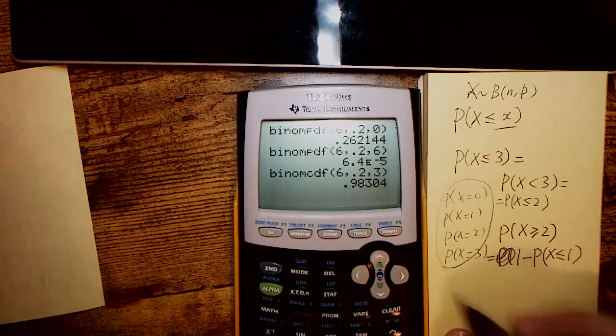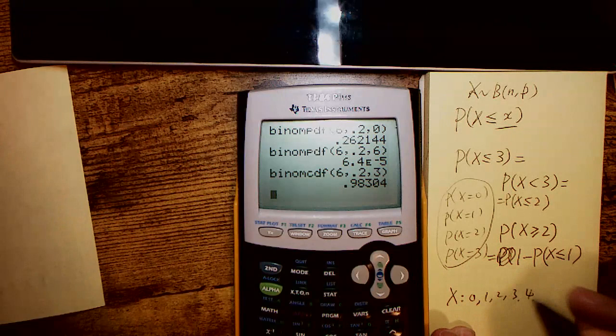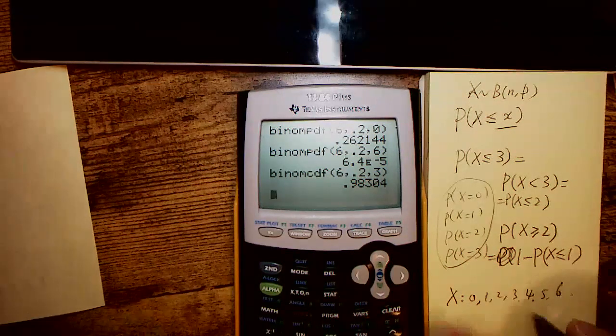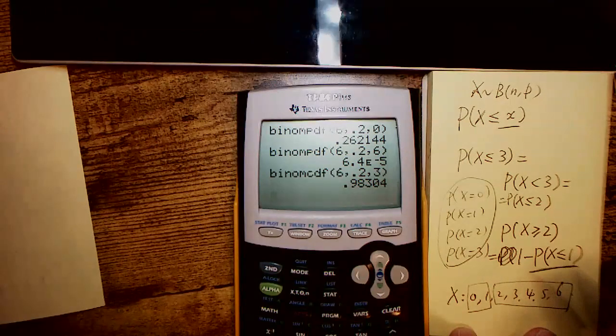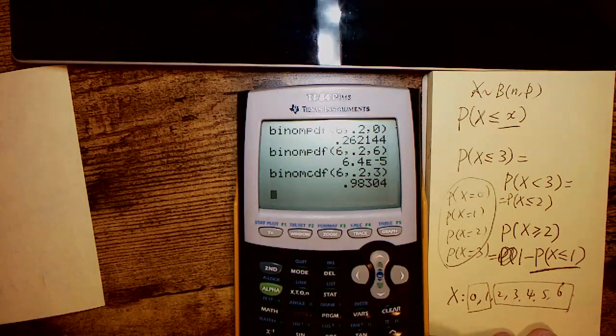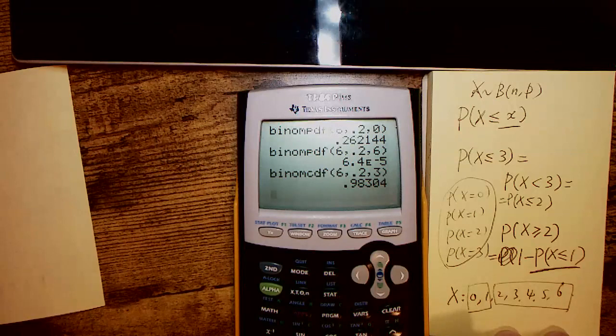Because all the possible values for x are 0, 1, 2, 3, 4, 5, 6. Bigger than or equal to 2 has a complement less than or equal to 1. So you can use the CDF, enter x equals 1 to find the probability, and then subtract that probability from 1. You see that?